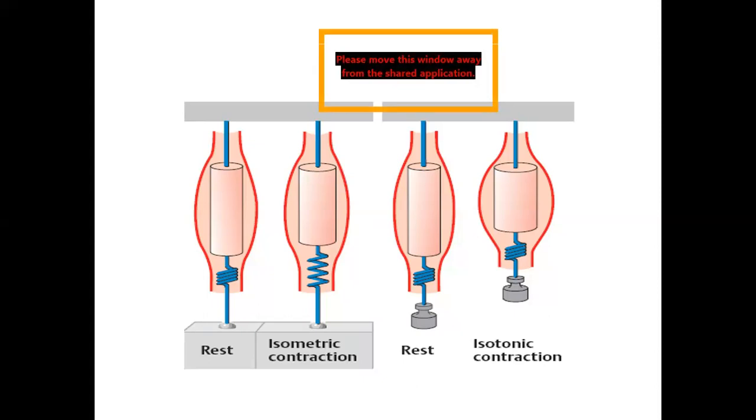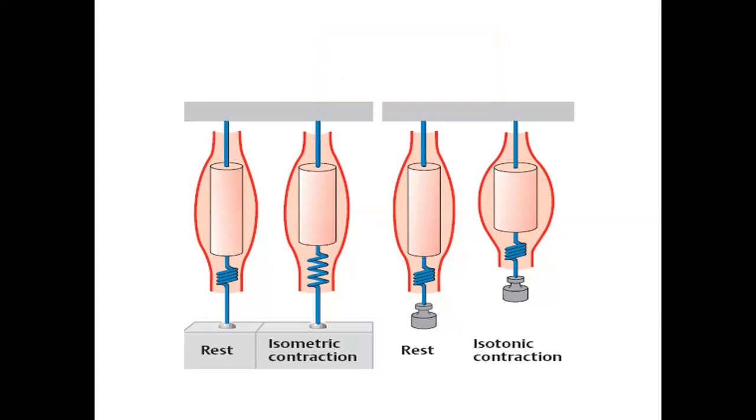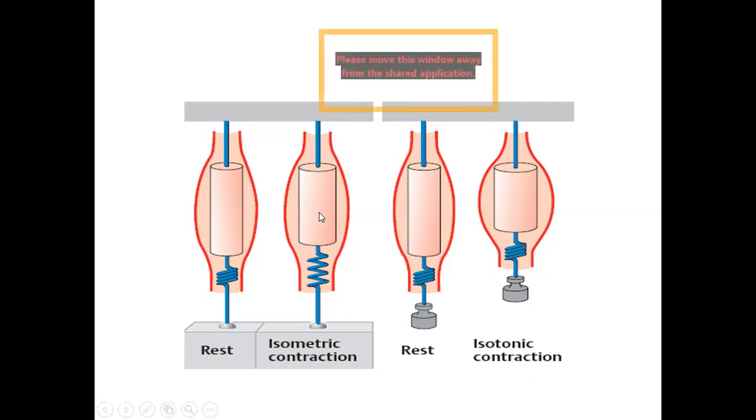The tension is going to be changed because the sarcomere is going to be shortened and the series elastic elements are going to be stretched. So the tension is going to be increased and the length is not going to be changed. The tension generated by the contractile component is called the active tension.